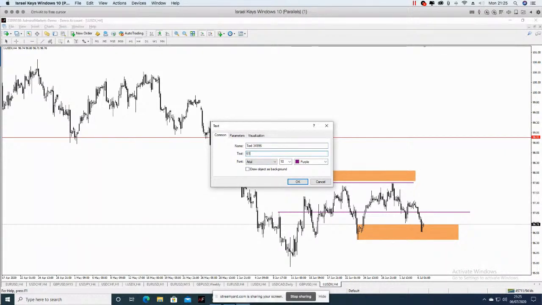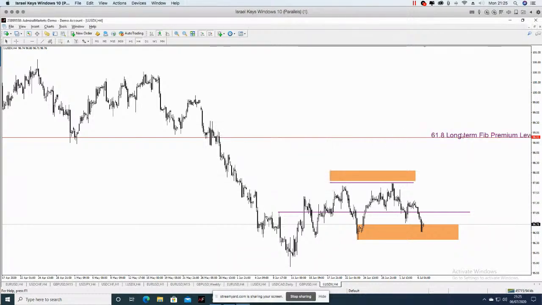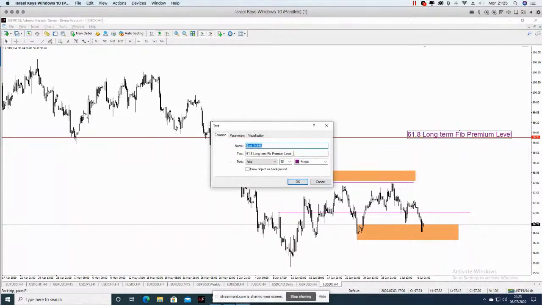So, 61.8 long-term fib premium level. I'll put that there. Text properties, I'm going to make that smaller.